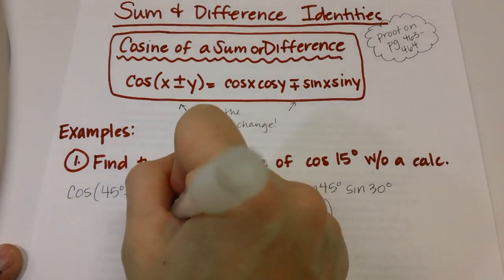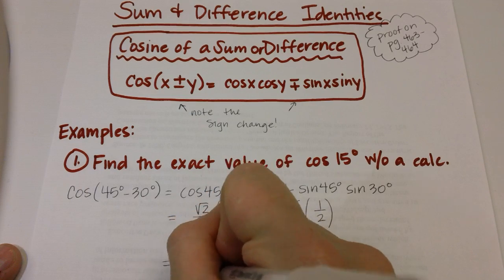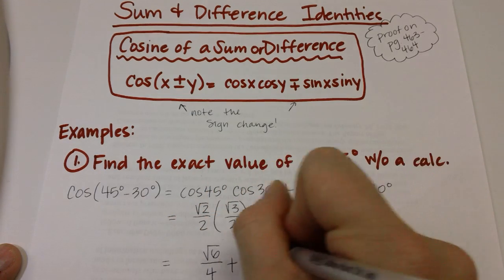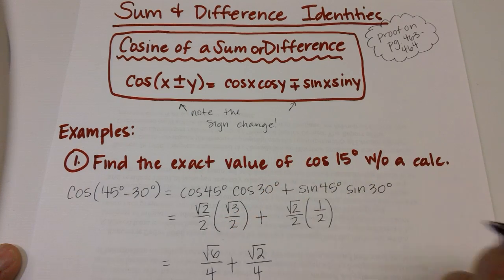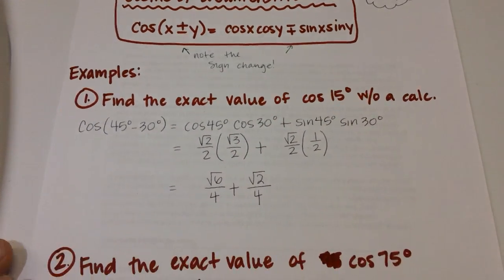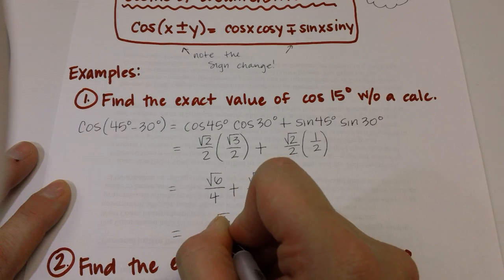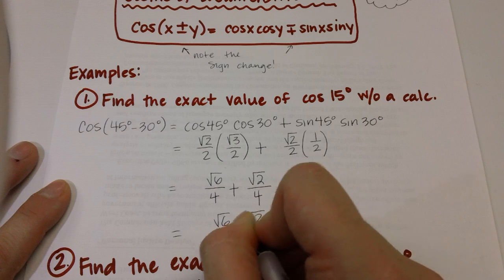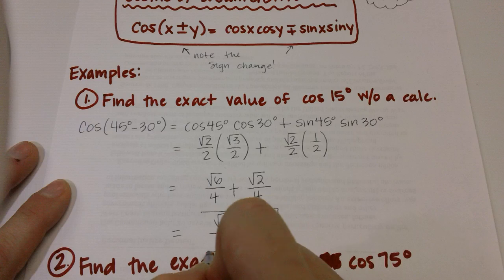So in this case, we are going to get the square root of 6 over 4 plus the square root of 2 over 4, which when we simplify is going to be equal to the square root of 6 plus the square root of 2 all over 4. This would be our final answer.